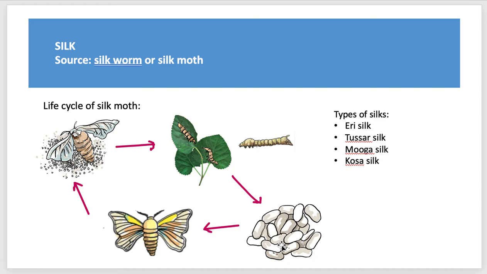And if you burn these threads, you will notice a difference in the burning of these silks. So this is going to tell you the difference between pure silk and synthetic silk. And why does this happen?